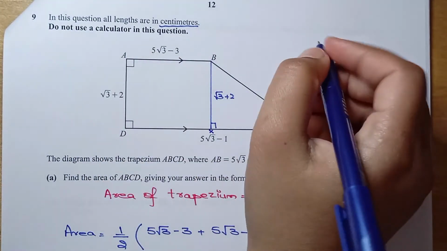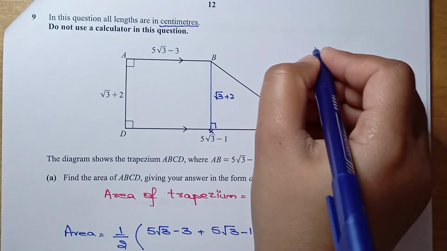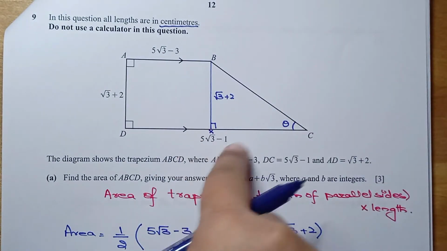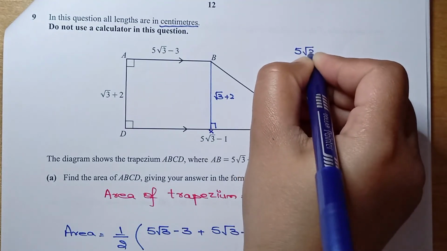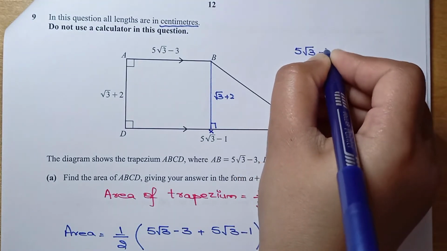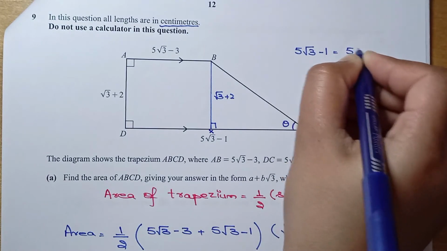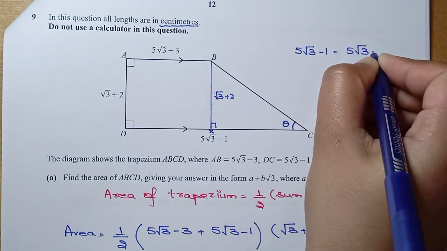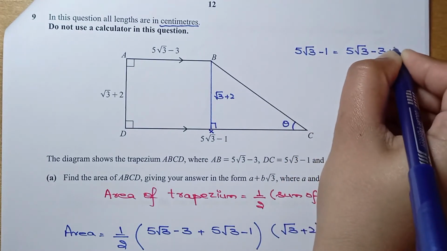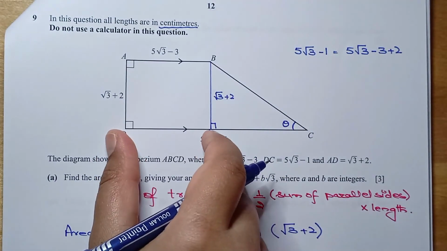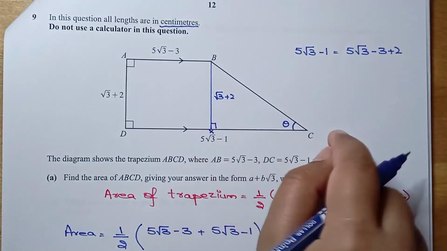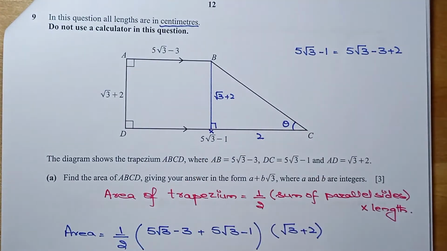Okay. So if we have, how can we write this in this form? So we have 5 square root of 3 minus 1. So we can say 5 square root of 3 minus 3 plus 2 makes minus 1, and we need 5 square root of 3. This is 5 square root of 3, and so this is just 2. Right.